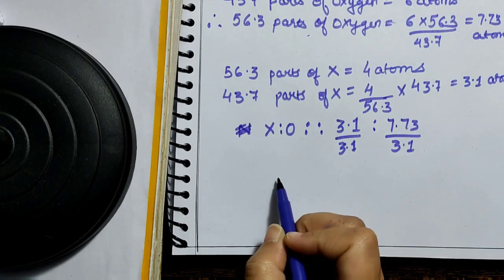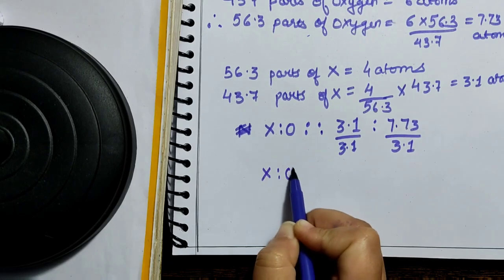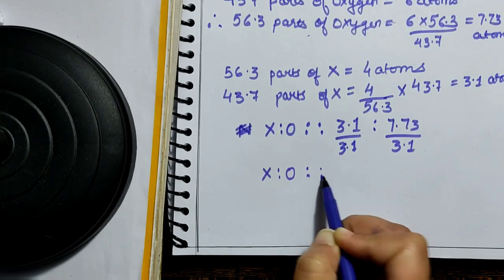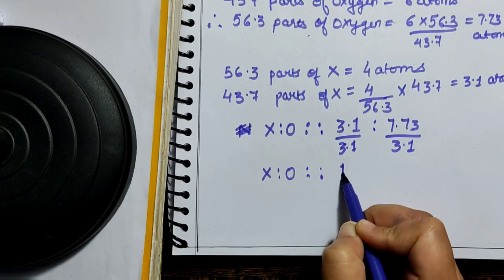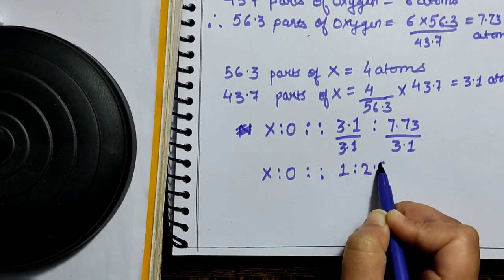Upon simplification, X to O is proportional to 1 to 2.5.